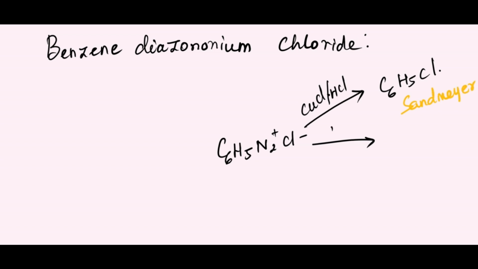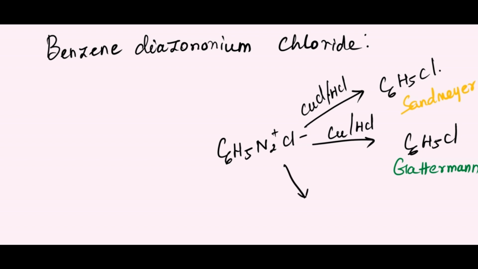The next one, Cu with HCl, that is also producing Cl, but the reagent is Cu with HCl. That reaction is the Gattermann reaction. You can use it for Br also. Cu with HBr also works for Sandmeyer and Gattermann.